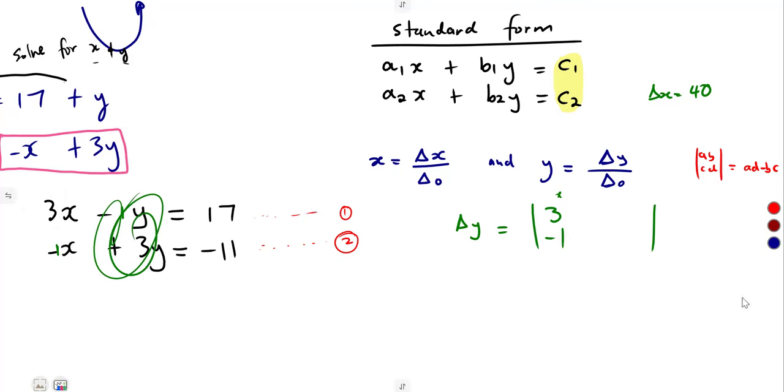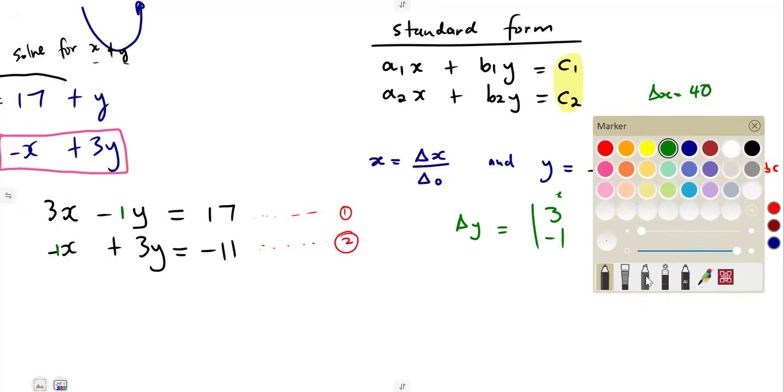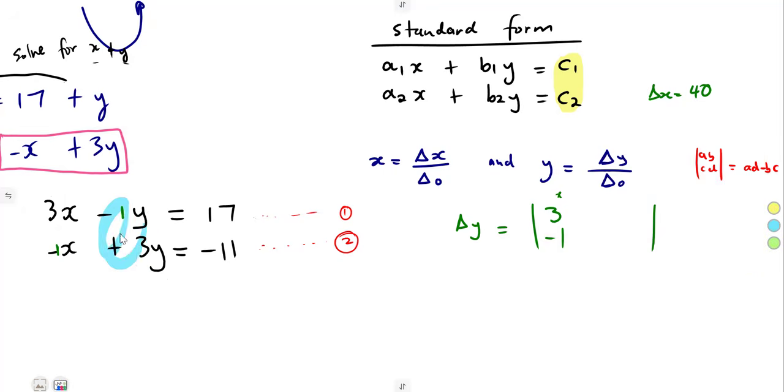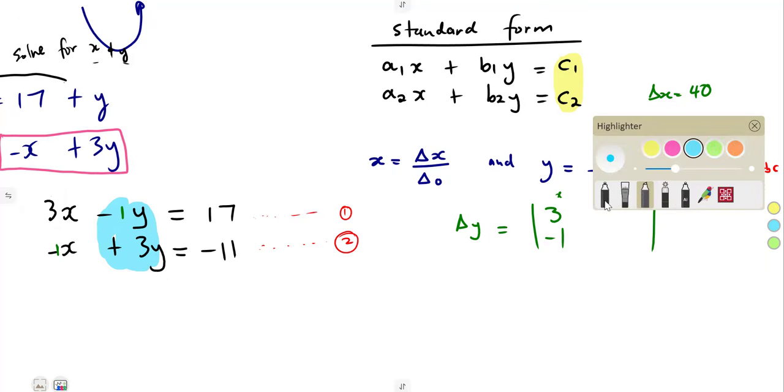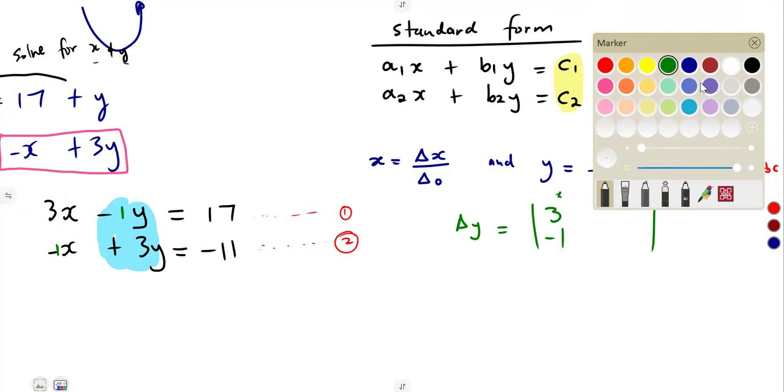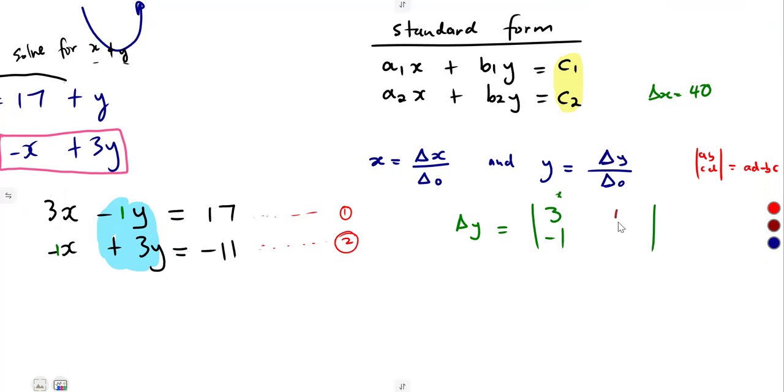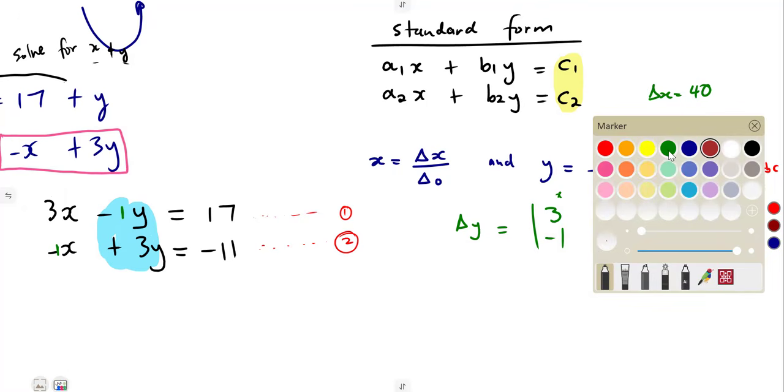Then y is the one that is affected. We are going to replace the part of y with the constants, and that's 17 and negative 11. So this is the effect now. X is not affected, y is the one that has to be replaced with those constants.